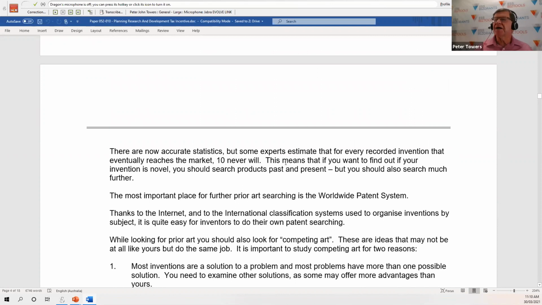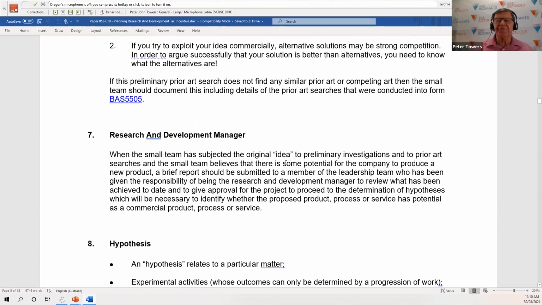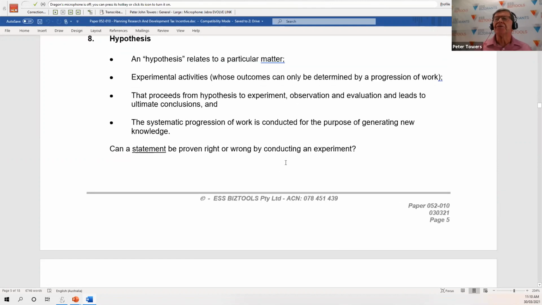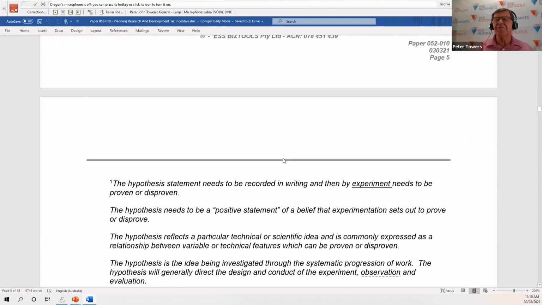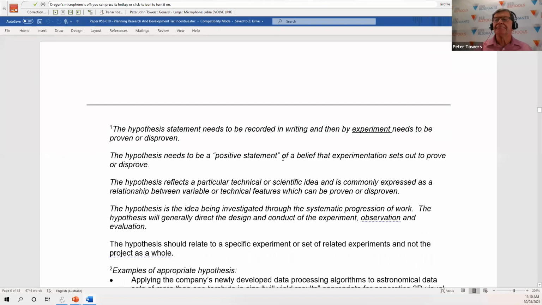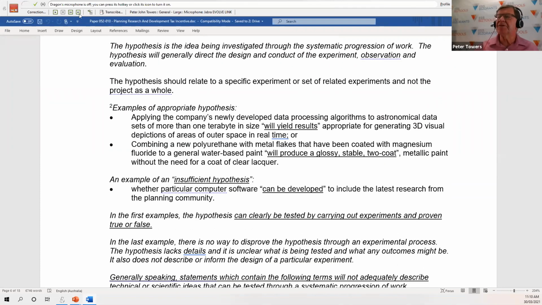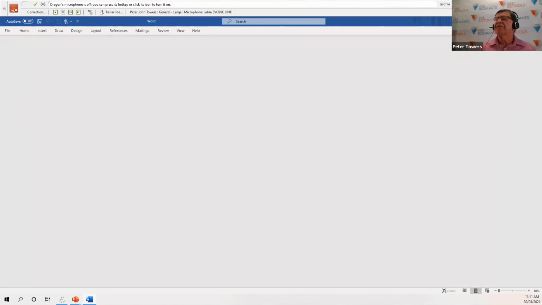So this paper allows a full exploration of all aspects of what's required to have a clear understanding. It's important that hypotheses are identified, so that experimentation can be undertaken. So that's a brief look at a paper that we've prepared, which will assist you to have that understanding.